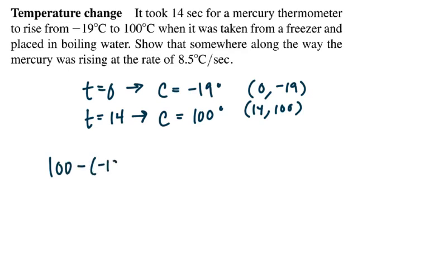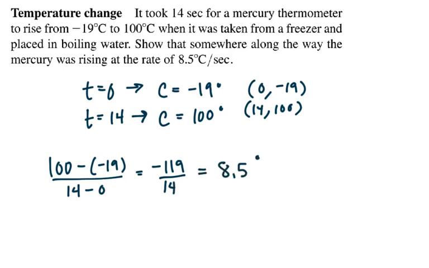So if I go and I find the slope of the secant line, that's just my regular slope formula, 100 minus negative 19 over 14 minus 0, I get 119 over 14, which is 8.5, and that is degrees Celsius per second.